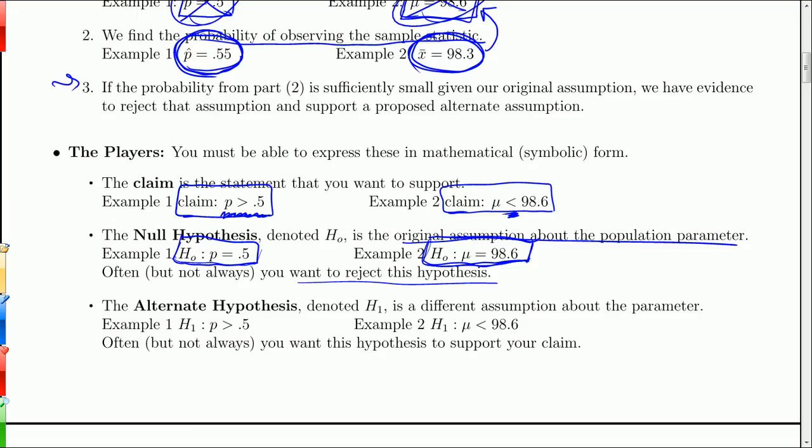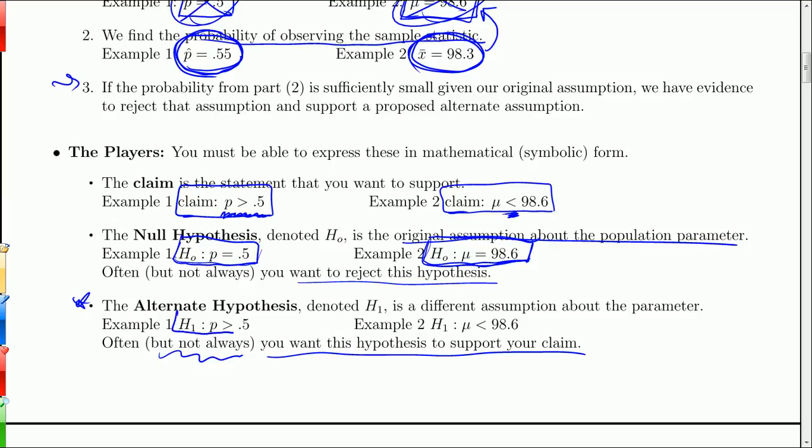So then we have the claim, the null hypothesis, and now the alternate hypothesis, denoted H sub 1. It is different from the null hypothesis. Often, but not always, you want this hypothesis to support your claim. In example 1 and example 2, we do want the alternate to support the claim.